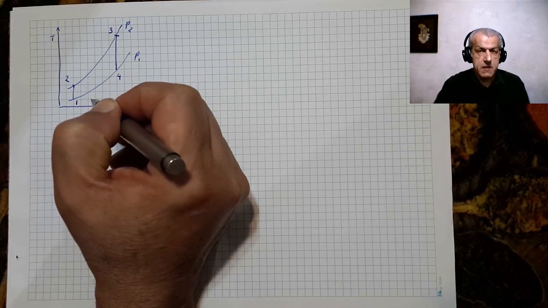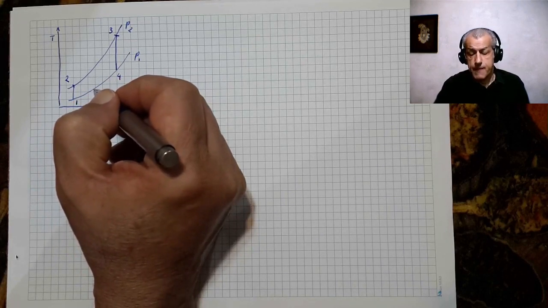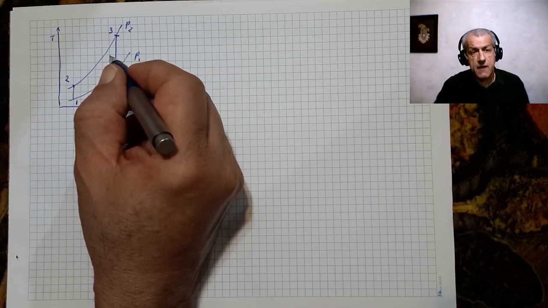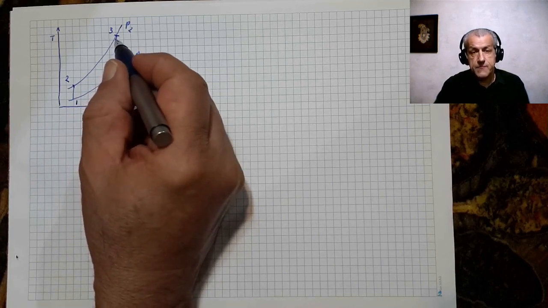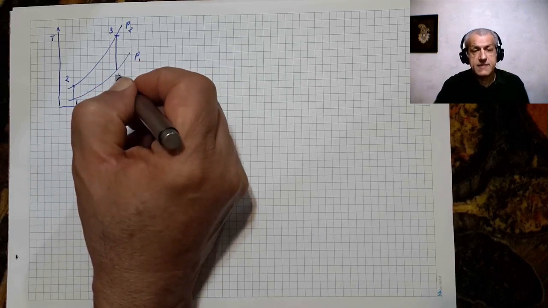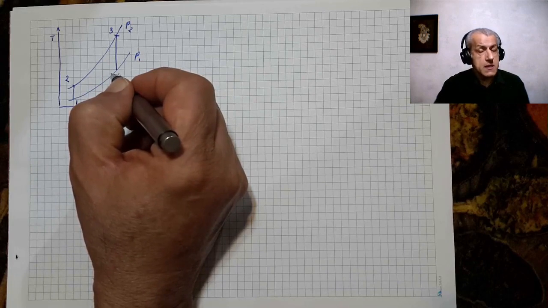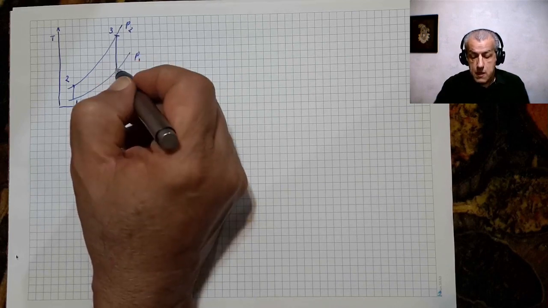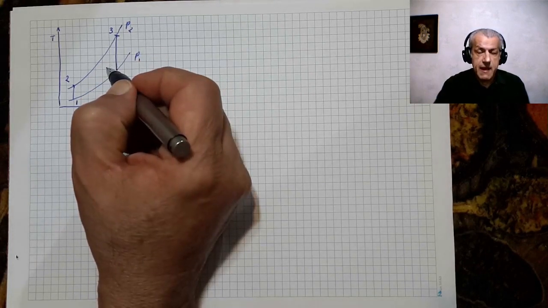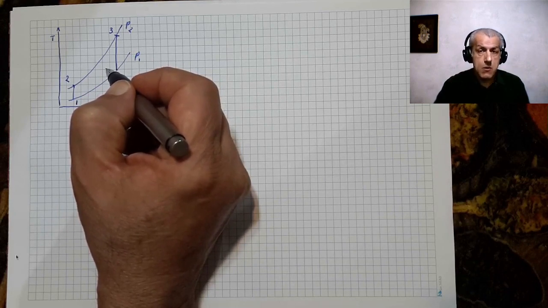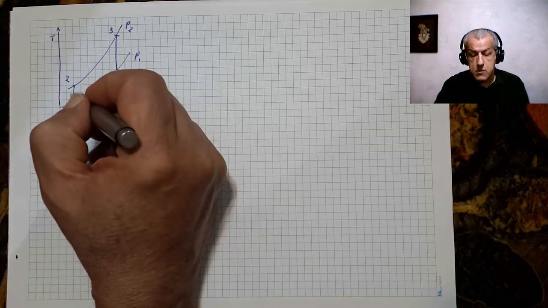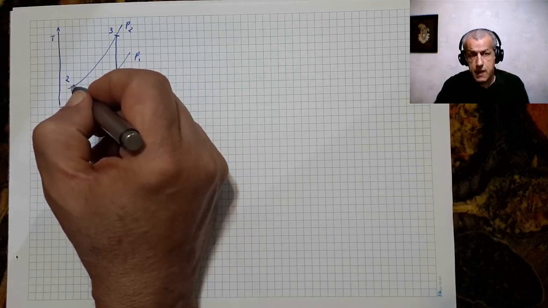And simply because constant pressure lines diverge and the vertical distance between them increases with temperature, the work gained from expanding hot air or hot combustion products would be larger than the work required to compress cold air.